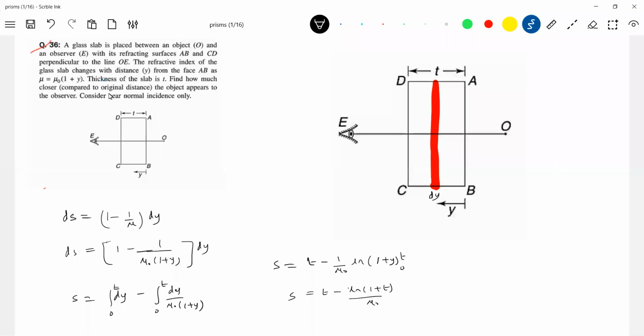Fine, so that's the total shift. Any numerical can be asked, so just be careful. I just picked up one question where the slab RI can be variable also. This is nothing but like double refraction because here it is air.